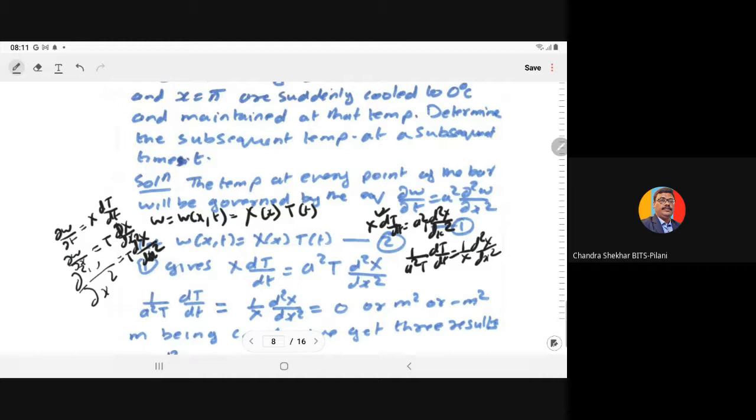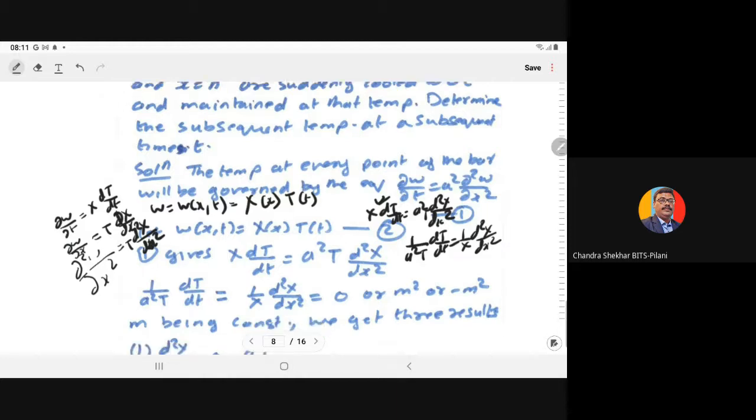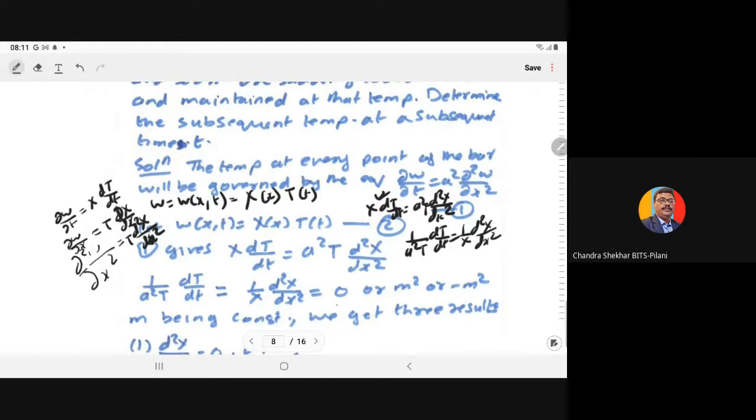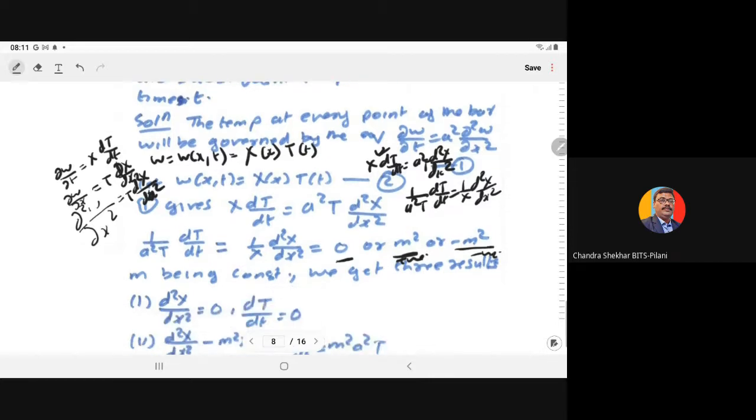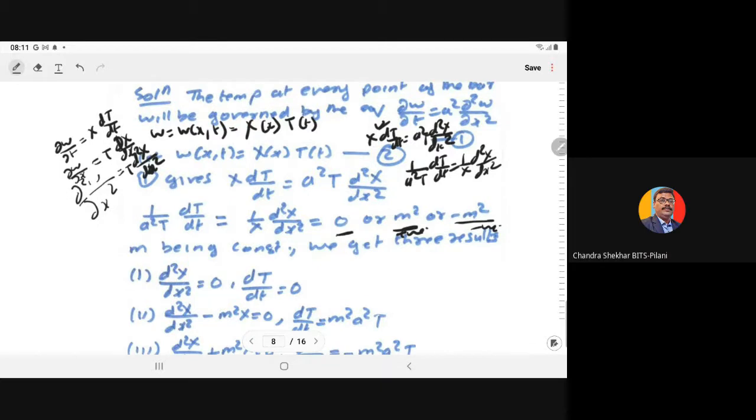Now we assume this is equal to a constant, either 0, positive, or negative. This will give you three equations, as we have discussed in the eigenvalue problem. The first one is d2X upon dx2 equals 0 and dT by dt equals 0. This is case first.